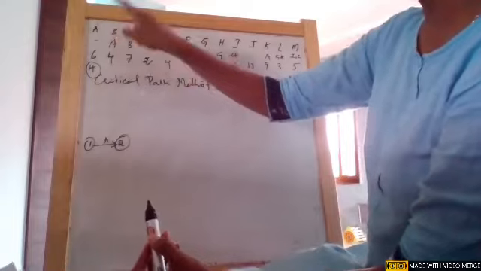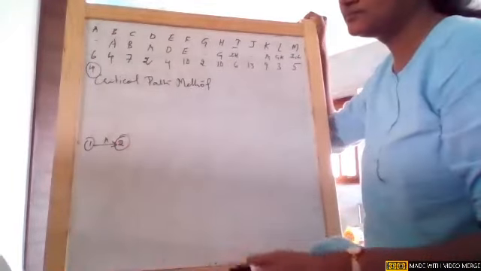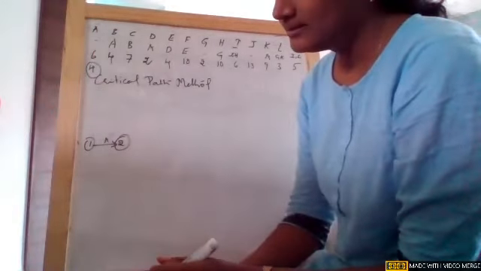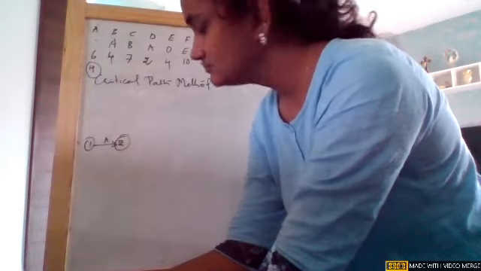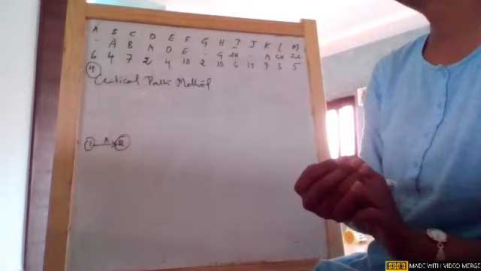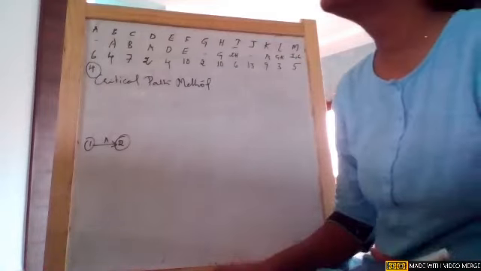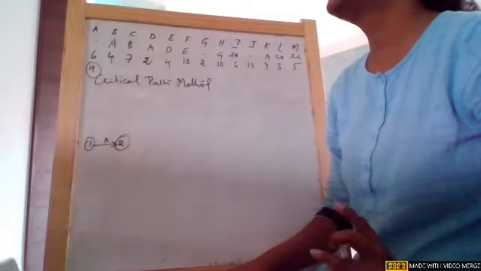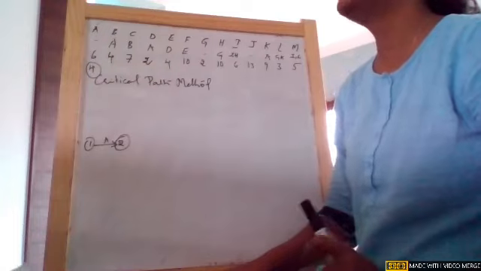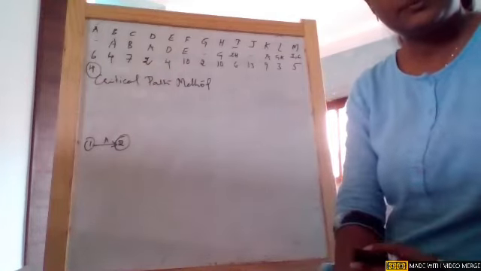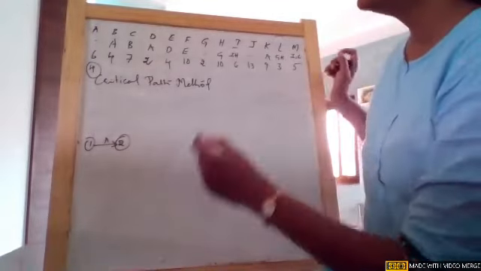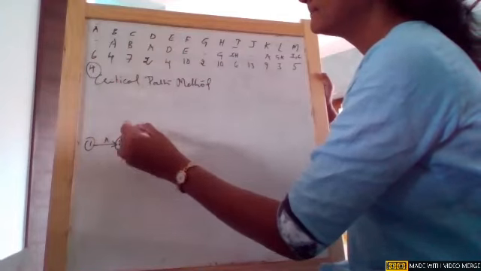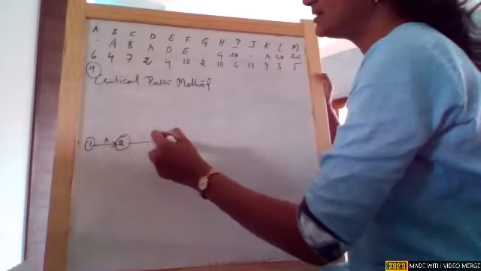Then A is giving rise to B. Now A is not having any predecessor, so from A, it is giving rise to B. This is one thing.